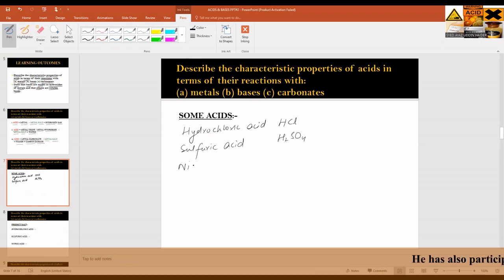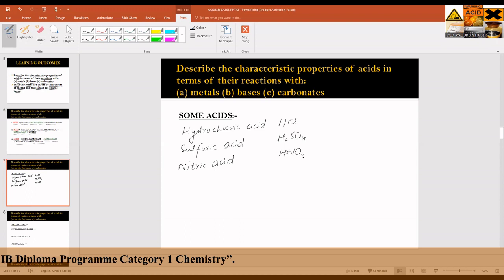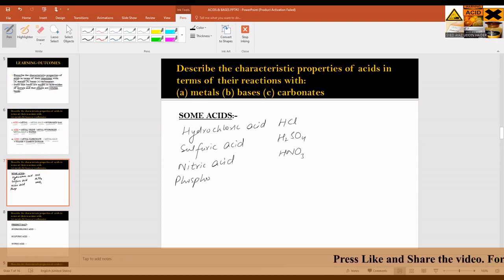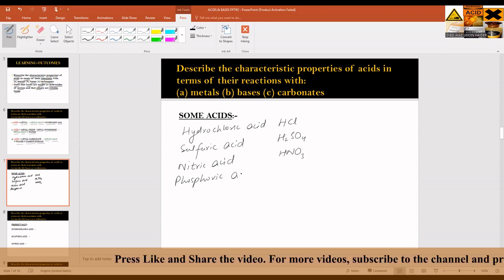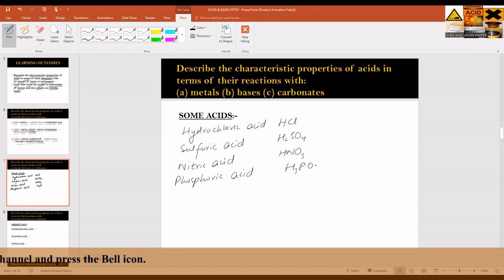Nitric acid, HNO3. Phosphoric acid, H3PO4. And there are other acids also.